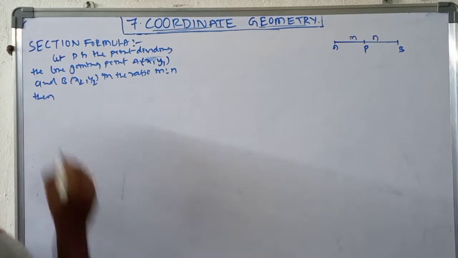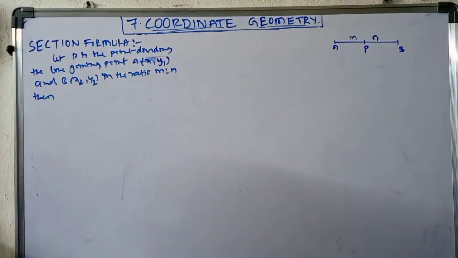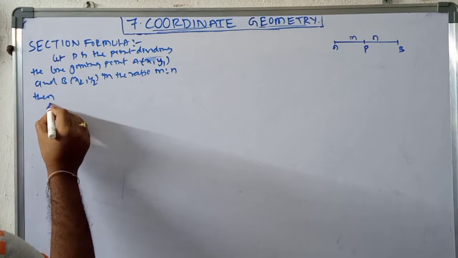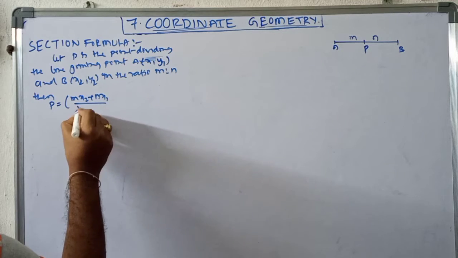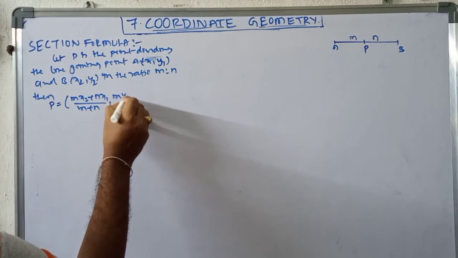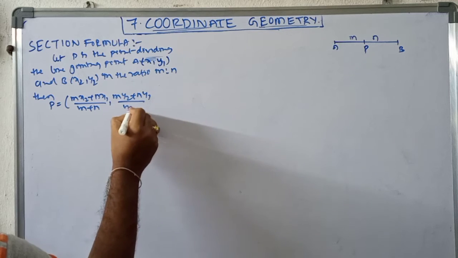Then point P equals (m x2 plus n x1) by (m plus n), (m y2 plus n y1) by (m plus n).